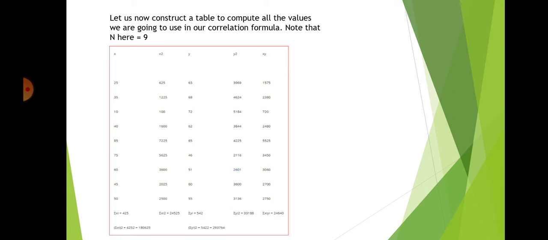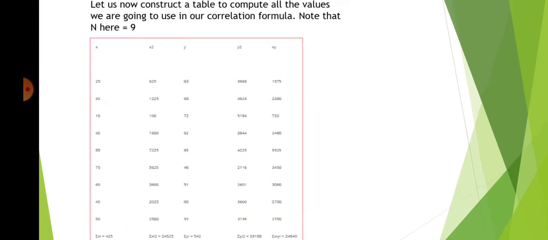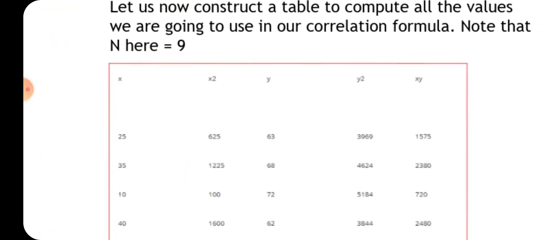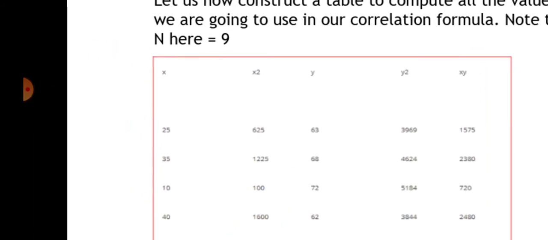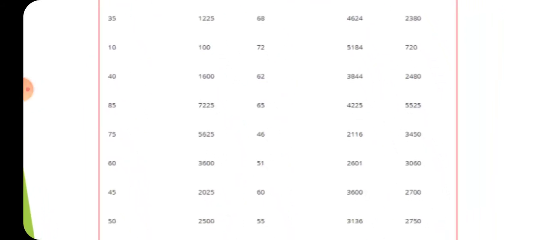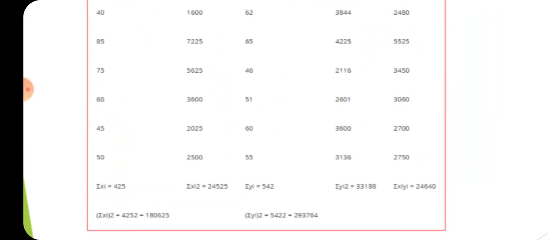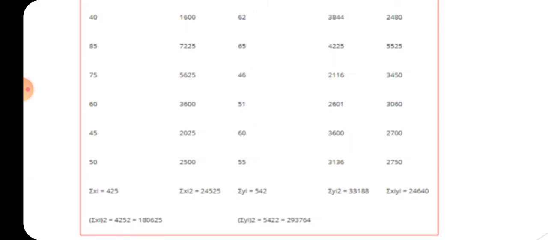The values are 25, 35, 10, 40 respectively. Next, x square, 25 square, 35 square, you have to find the square values of these numbers to get sigma x square. Find the sum of columns, which is 425. Sigma x square is 224,525.